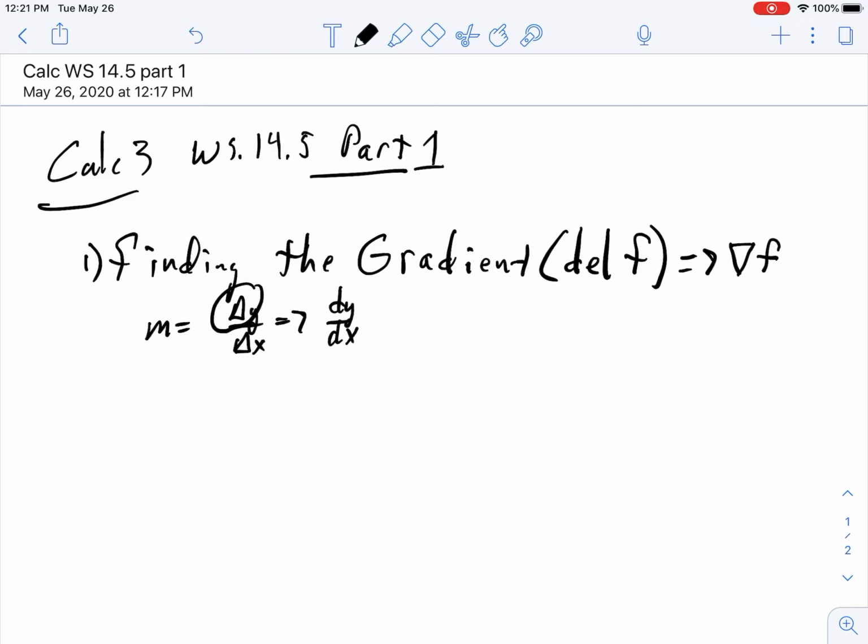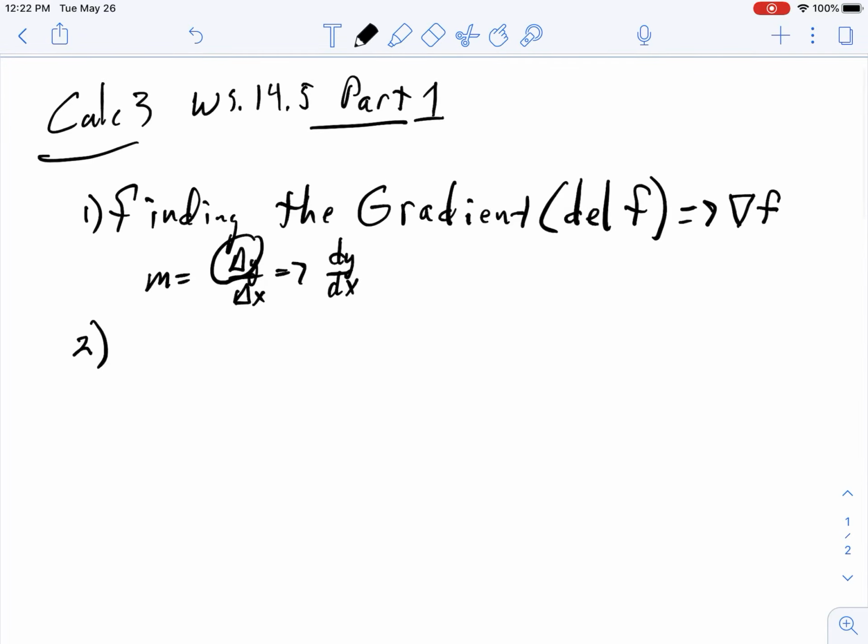The answer is yes. It still deals with derivatives, but it deals with all the partial derivatives in one statement, kind of like a vector. So yes, it's still a derivative, but it refers to the partial derivatives instead of the other types of derivatives that you've been working with. Okay, so I'll do an example of that in a second.